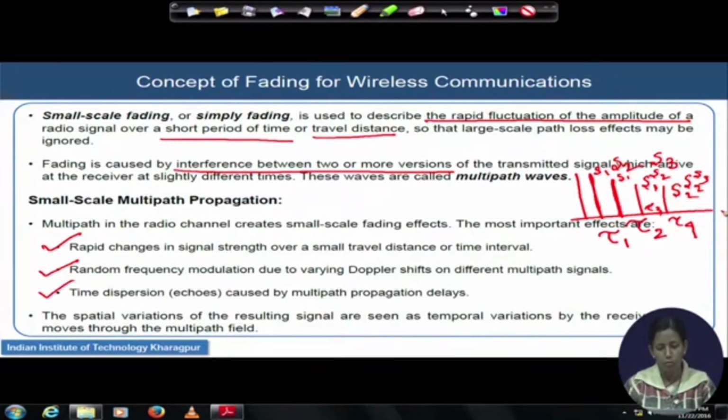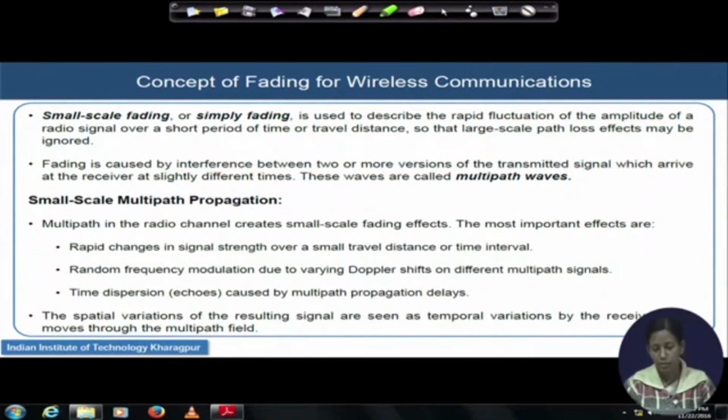So, these are all about the small scale multipath propagation, a common phenomenon inside a wireless communication channel, and these spatial variations of the signal over a space in the wireless domain are seen in the receiver front end as a temporal variation that we have explained here.